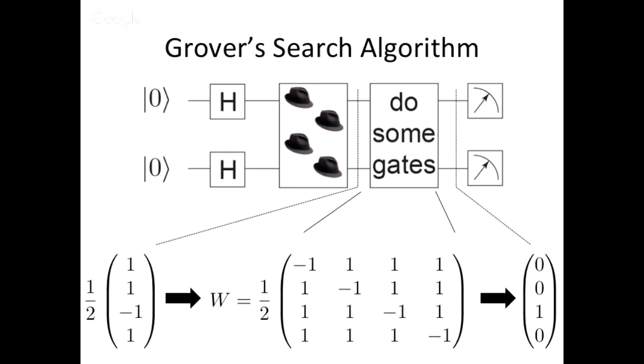And the extra thing we have to do is, after the hat box, we have our vector that looks like that. I'm going to call this group of gates W, just so it has a letter. It's something that looks like this, and we'll be able to construct this out of the gates that I've shown you so far.